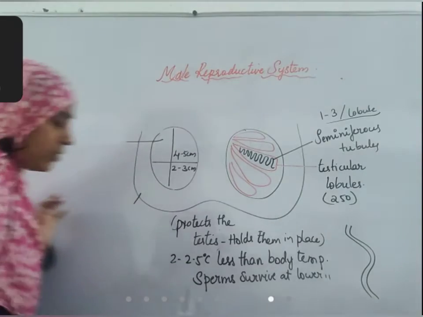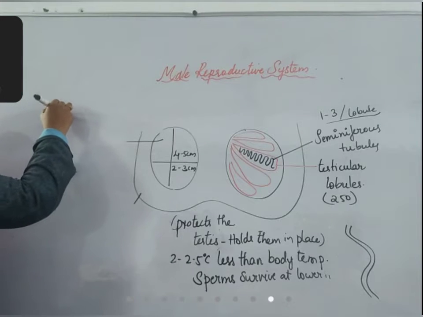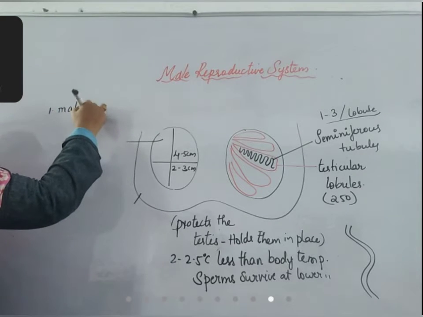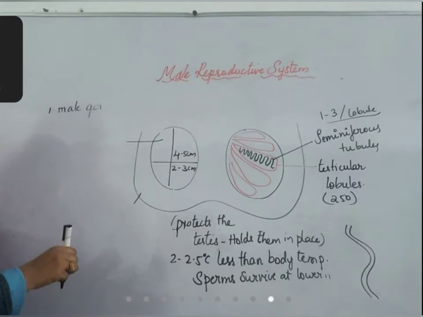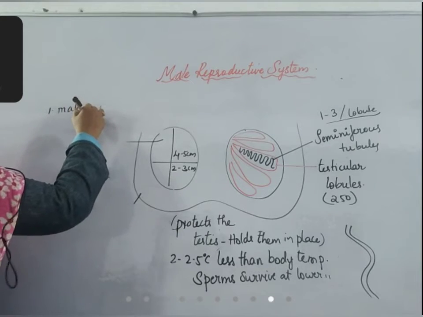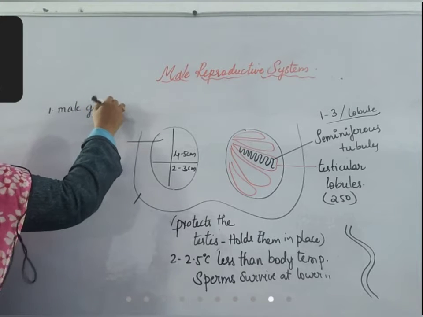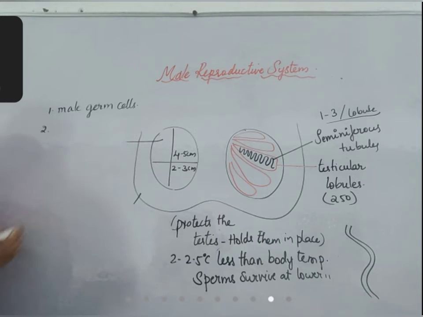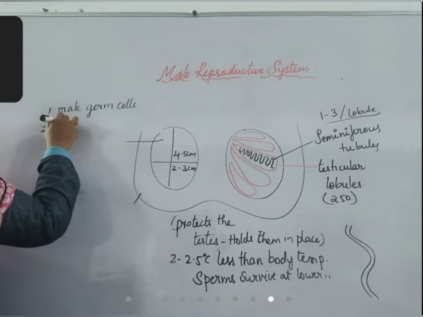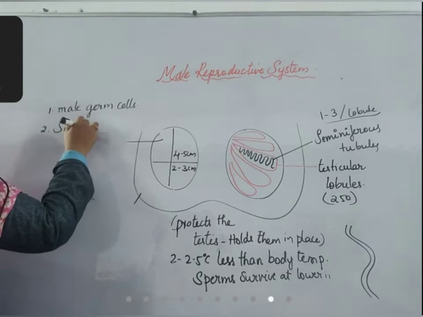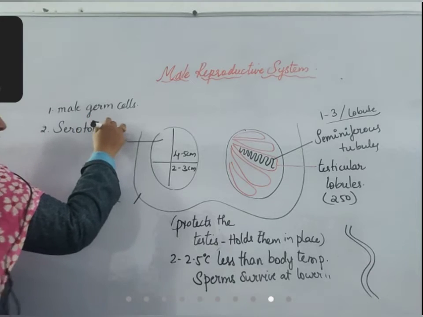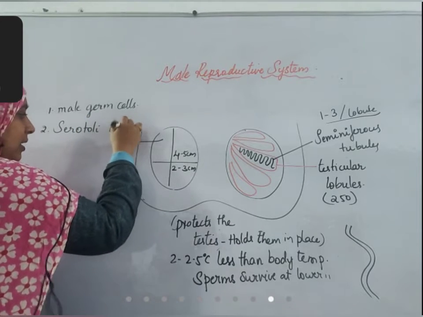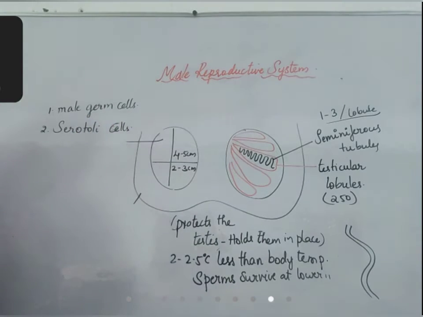First one is male germ cells. Second one is Sertoli cells.